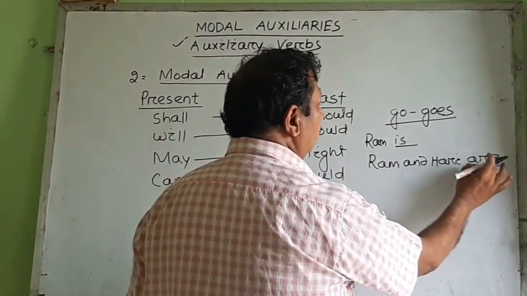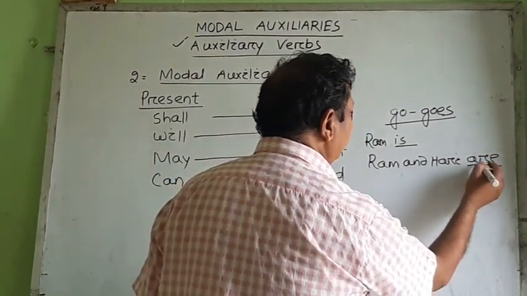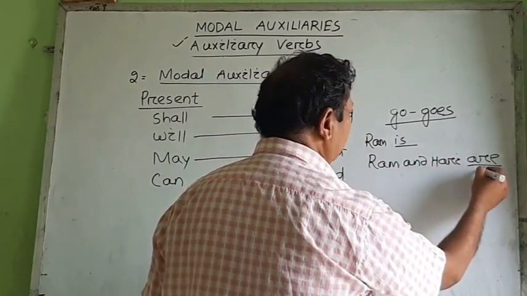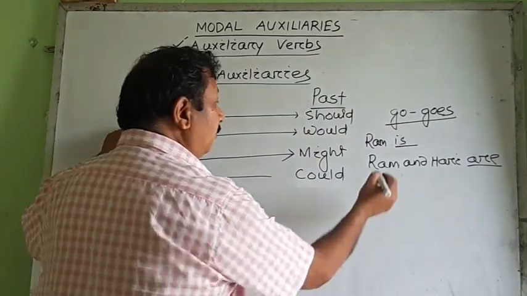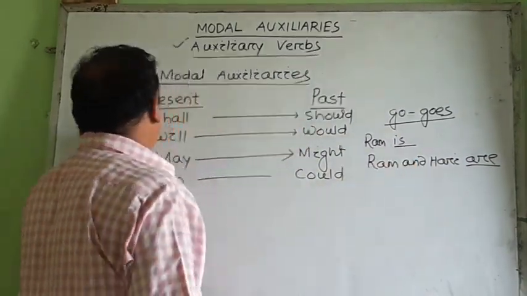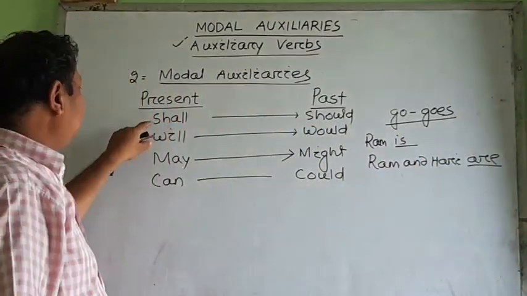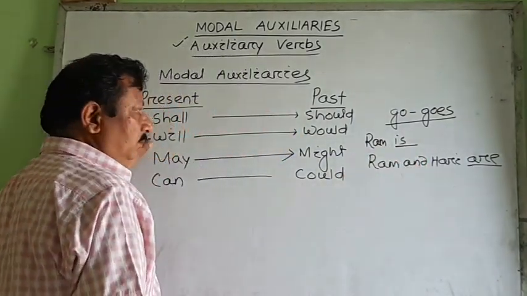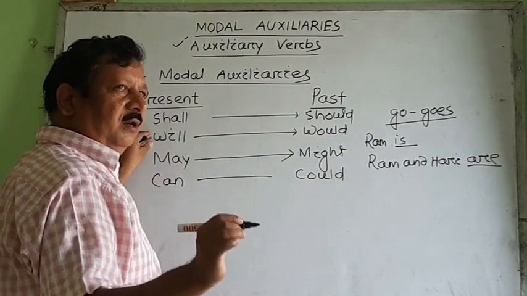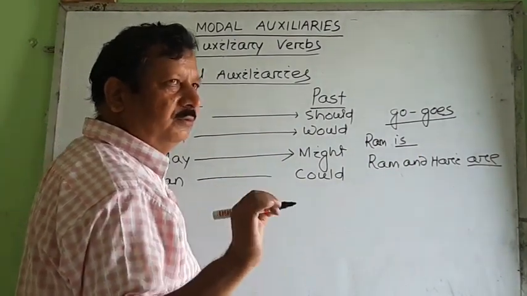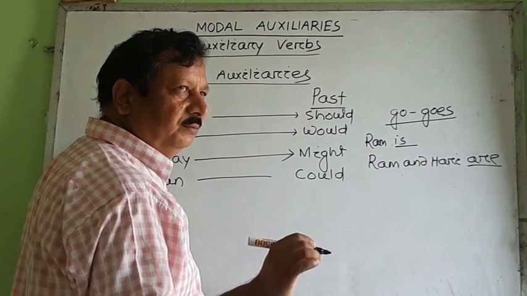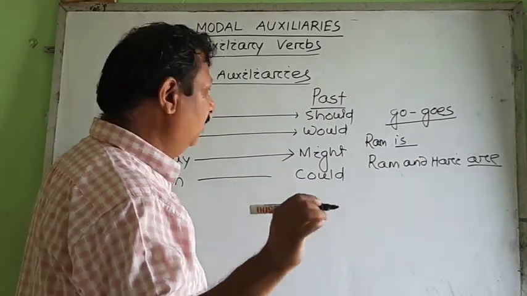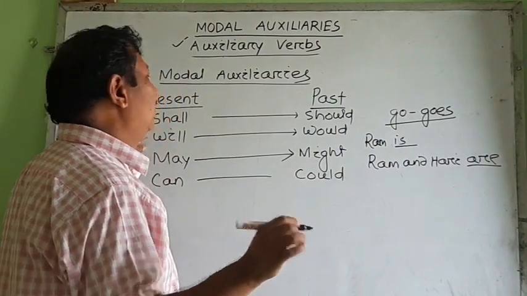And according to tense, it is are in the present, but in the past we may write were. But here, whatever the number or tense, suppose shall or will: Ram will, and when we use two nouns, Ram and Hari, or Sita and Gita, we use only will. So they have no change at all.